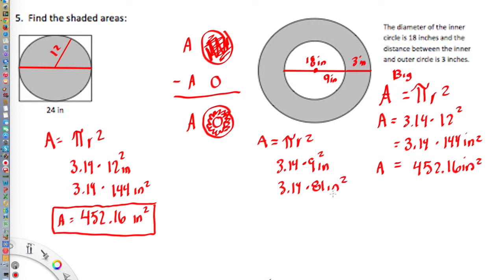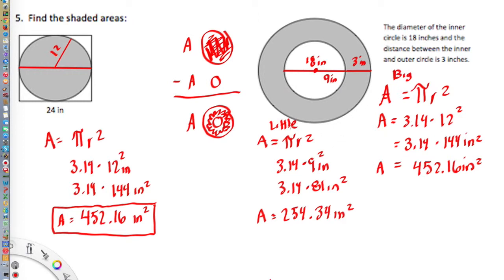And 3.14 times 81, let me see, is 254.34 inches squared. That is the area of the little circle.